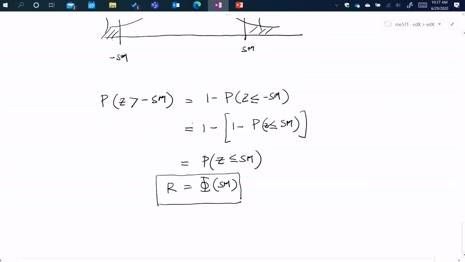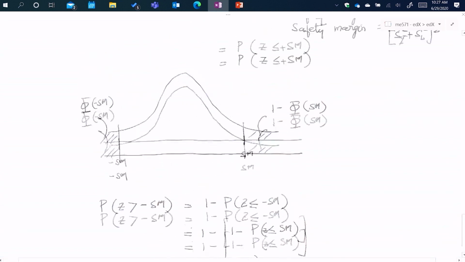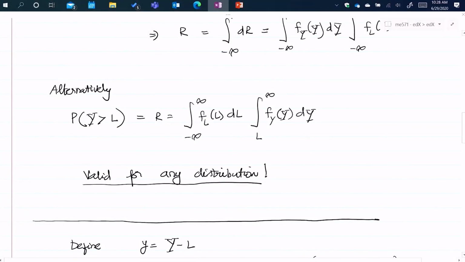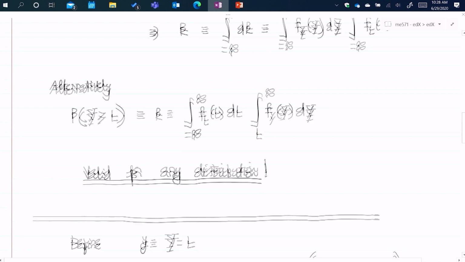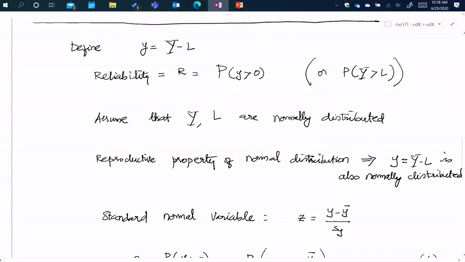So that is regarding the analysis of load strength interference, the math behind it. To recap, the math is valid. The definition of reliability is valid for any distribution. However, it's much more convenient if your strength and load are distributed normally.